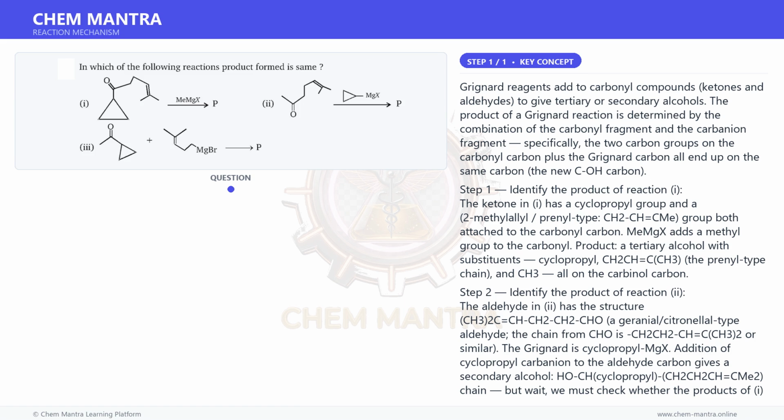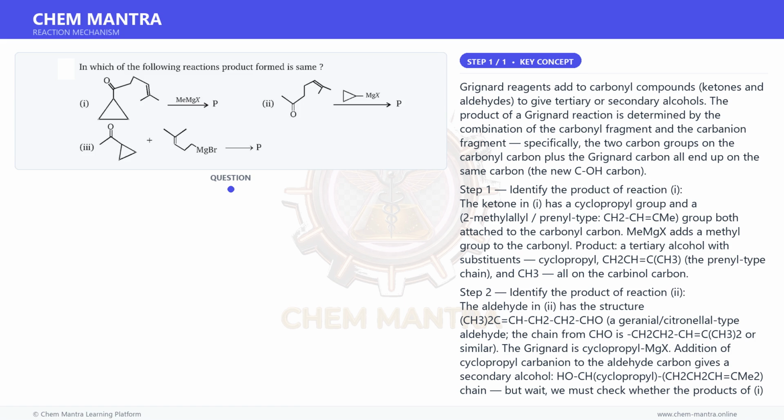These are the same tertiary alcohol product. The carbinol carbon bears cyclopropyl, methyl, and the geranyl prenyl chain in both cases. Reaction 2 gives a secondary alcohol from an aldehyde, so its product differs from 1 and 3.